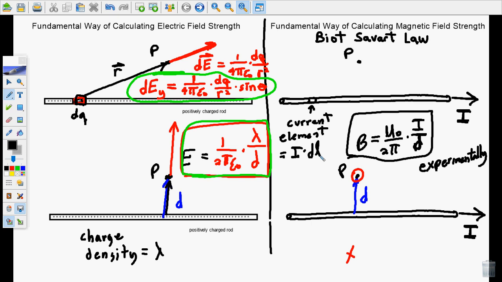That little current element is going to contribute to the overall magnetic field up here at point P, coming out of the page.